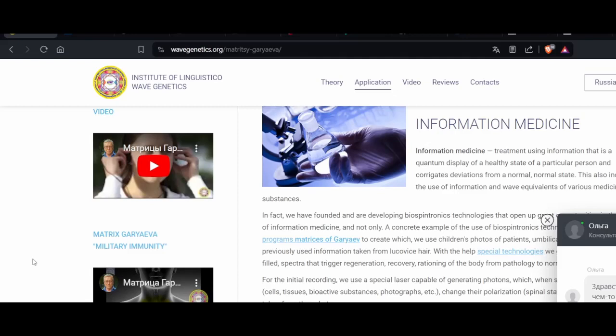And he has a whole bunch of stuff on his website about having these sound files and producing a sound file from a picture, like a baby picture of you, and you can basically extract the DNA information from when you were a baby, put it into a sound file, and then when you play it for yourself, the baby DNA, where it's completely healed, there's no degradation, will then repair your aging DNA in your body. That's his theory. That's what he does.